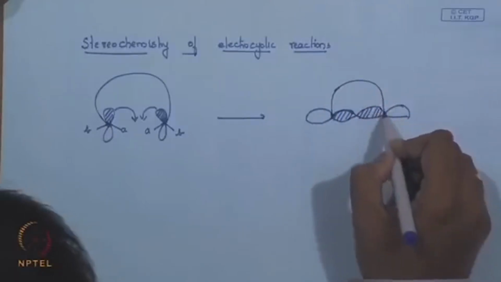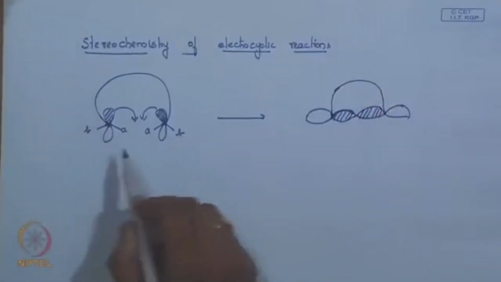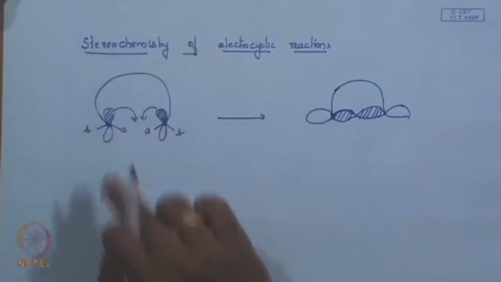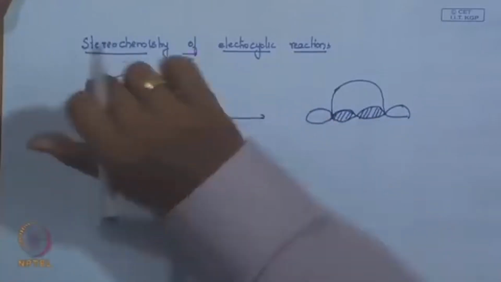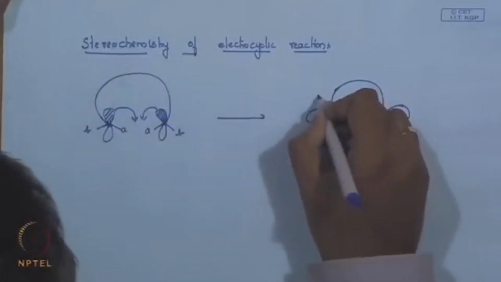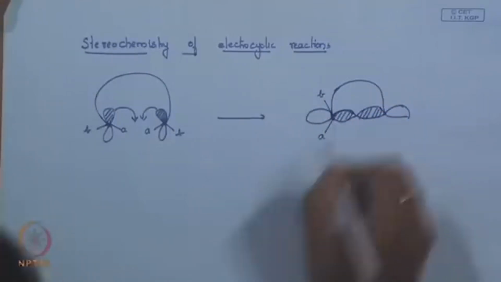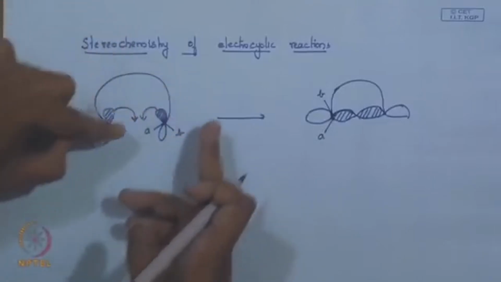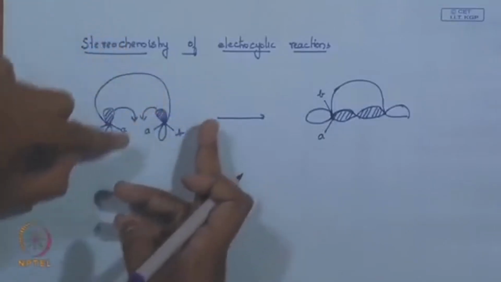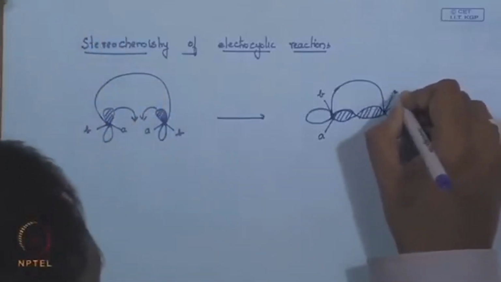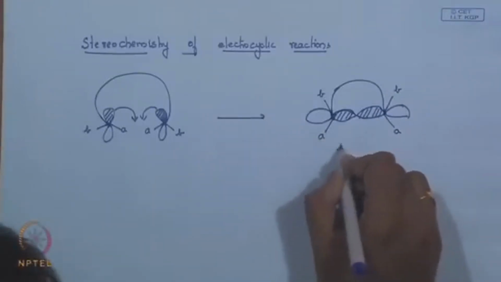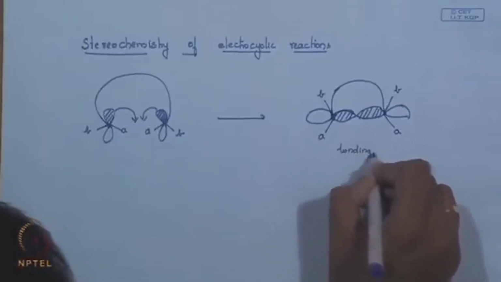Now, I have just flipped this molecule in a clockwise direction. So, what will happen? This B will move up, so I have my B here, then I have my A down. Clear? Same way, I am just going to move this orbital in this direction. So, I get my B here and then I get my A. Fine. So, this is a proper bonding orbital.